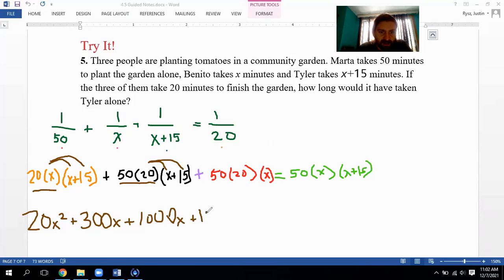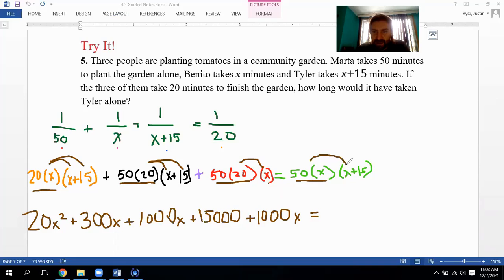Okay, so large numbers here, but we'll be able to deal with them. Next, we're going to take that 15 times 20, that's 300, and we're just going to multiply it by the x because that's the only thing there. And so that's 300x. And then over on the other side here, we have 50 and x.